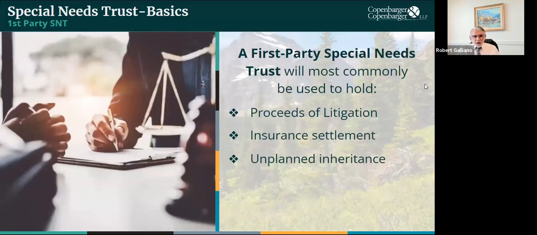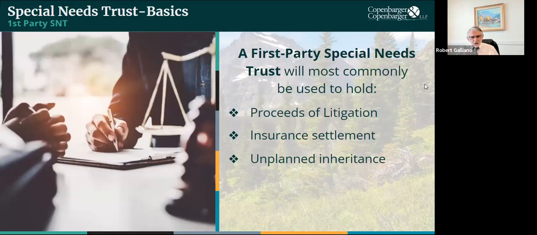The first party trust is most commonly used to hold proceeds from litigation. In other words, an unfortunate accident occurs, a person becomes injured, they litigate the case, and there's a large settlement, and the settlement then is monies that belong to this particular person who is now disabled.